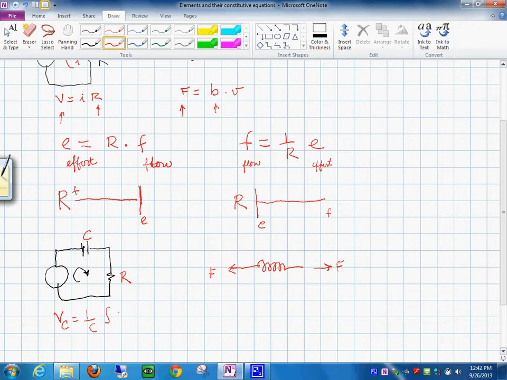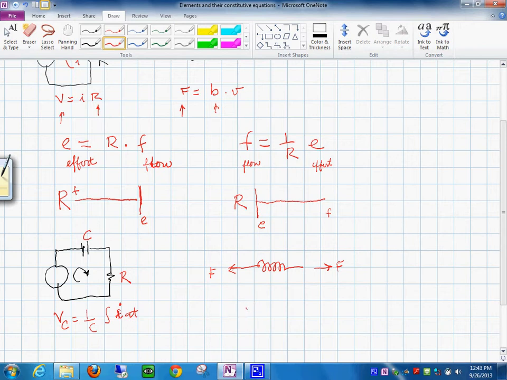So this is 1 over C times the integral of the current.